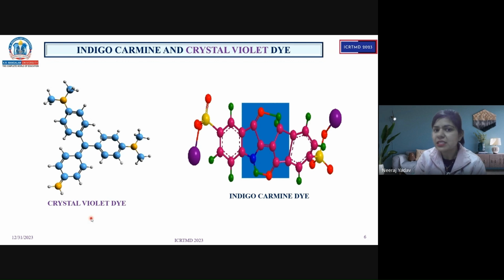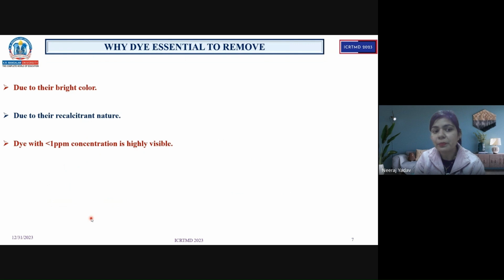So why is it necessary that we are using these dyes? Because when these dyes are present in the water, because of their bright color, when the concentration of these dyes is more than 1 ppm, they are highly visible. And because of their non-biodegradable nature, they are recalcitrant, and harmful for the aquatic life.